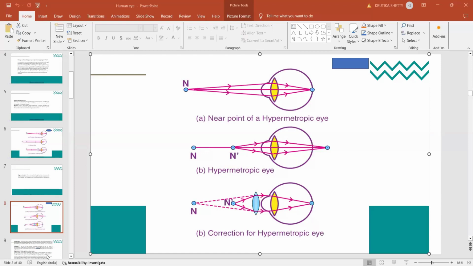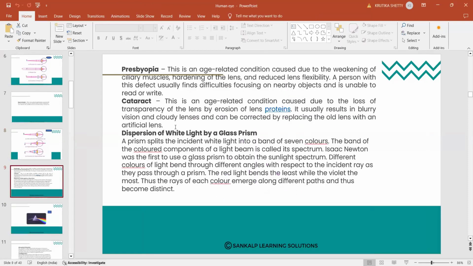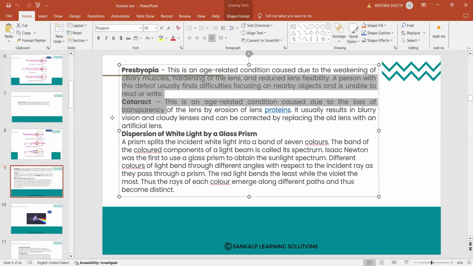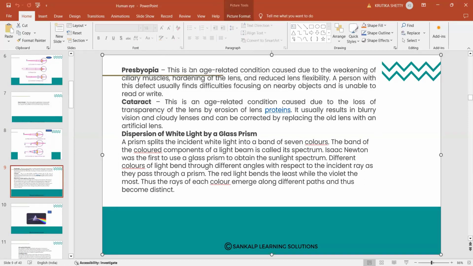Okay. The next defect we are discussing is astigmatism. Presbyopia is there. So see what is presbyopia. It is the hypermetropia of the elderly person. Here we will see presbyopia, which occurs due to aging.